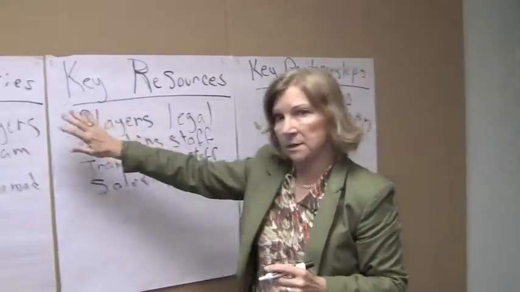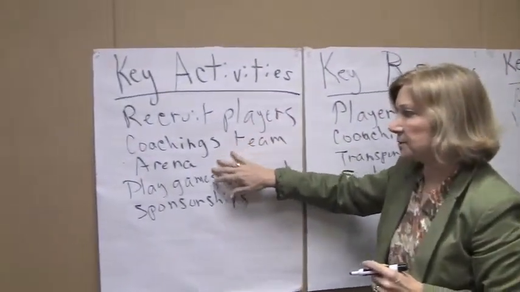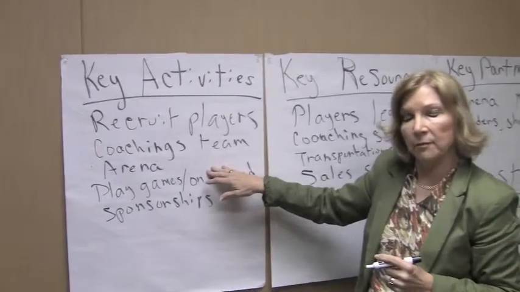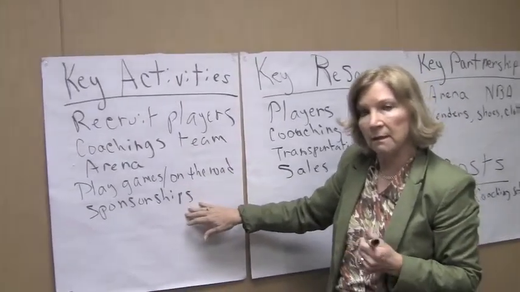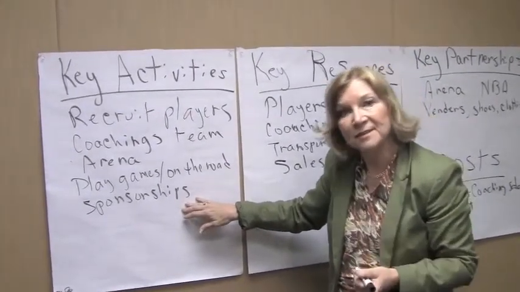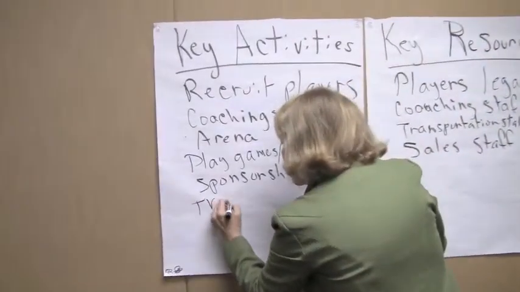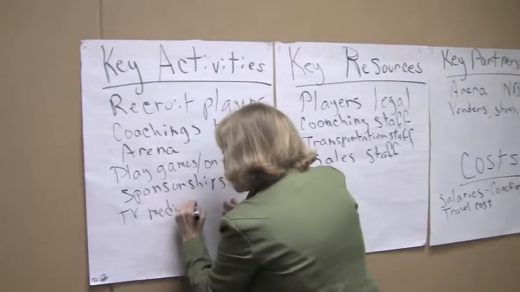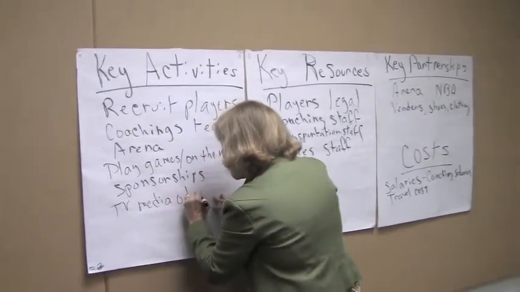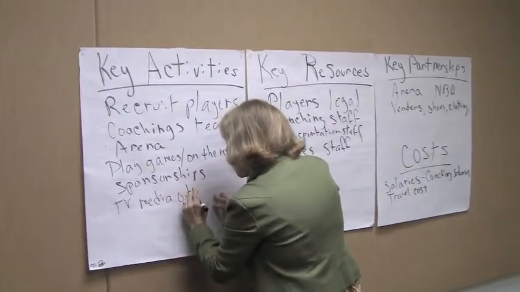Okay? Now, what's another key activity? In addition to games played in the arena on the road, where else do you see the team playing? On television, of course. You're going to have TV and media outlets. And that has to be sold and contracted for.